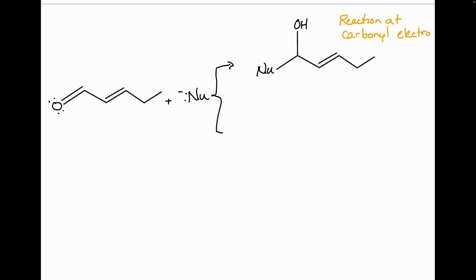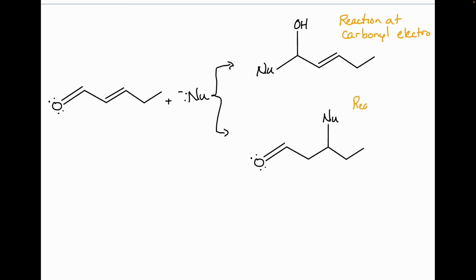Or it can react with that beta carbon, which is also an electrophilic site. And we would retain that carbonyl bond. We would then just lose our double bond, our alkene bond.